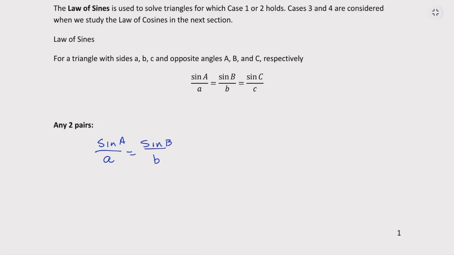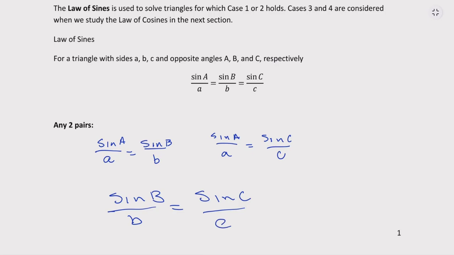And we would have to have three of these four pieces to find the fourth piece. Or we could say sine of A over a equals sine of C over c. Or we could say sine of B over b equals sine of C over c.